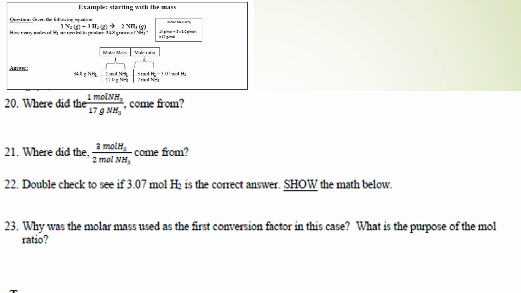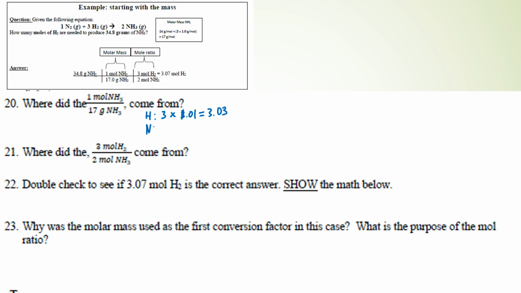Based off of that information, where does the 17 grams for NH3 come from? That is the combined weight. Because if I have 3 hydrogens at 1.01, that's 3.03.